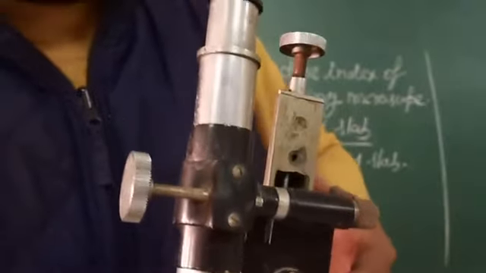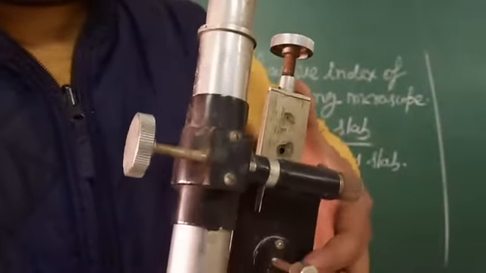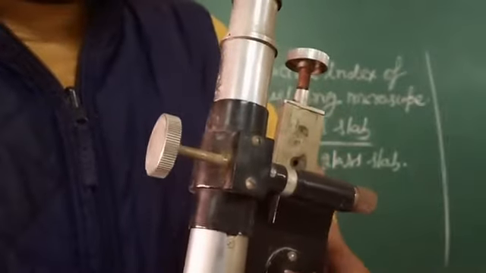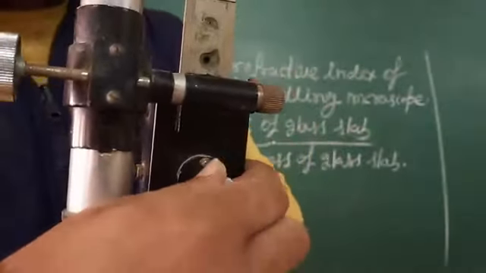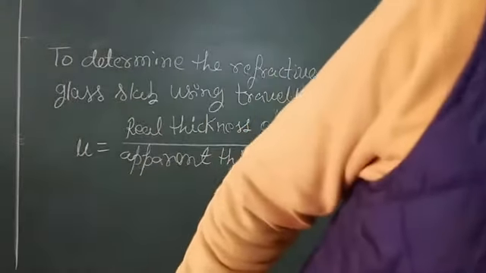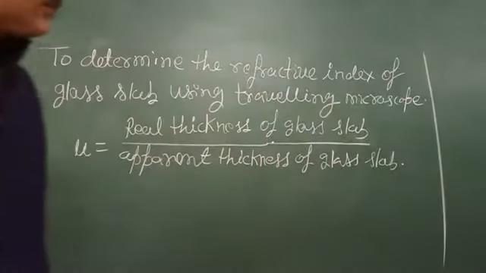We will set and focus the points upwards and downward through this screw. So we will use this apparatus to find the refractive index of the slab.